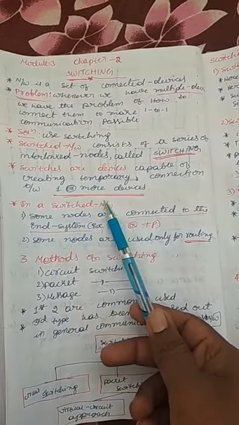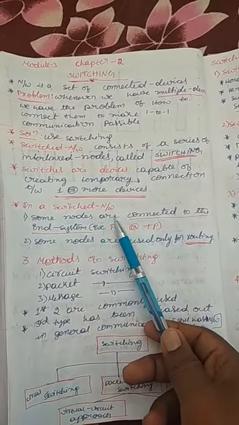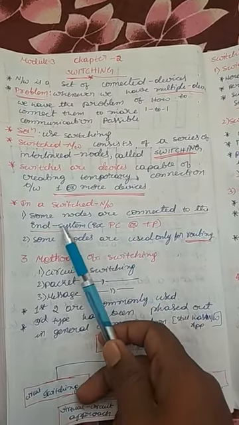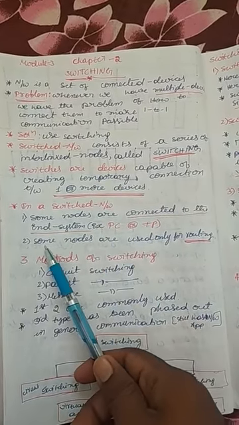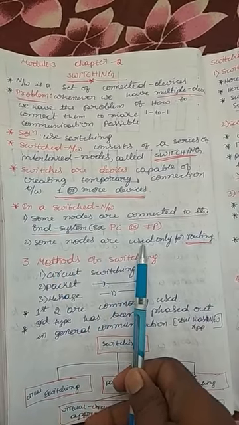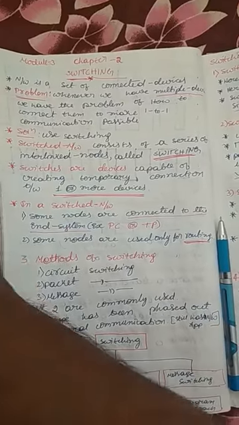In a switching network, some nodes are connected to end systems. Some nodes are used only for routing.